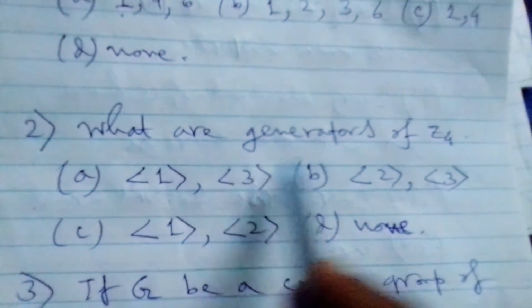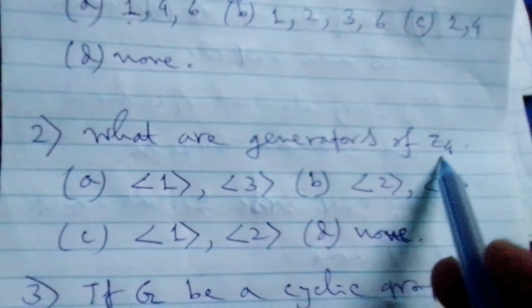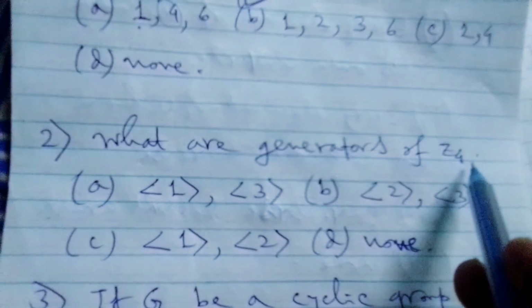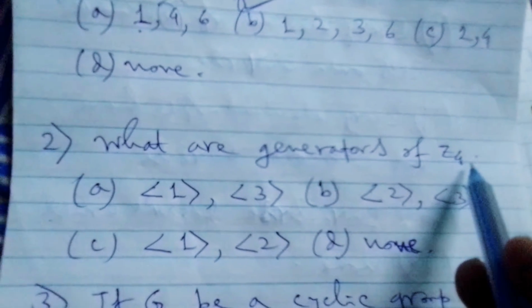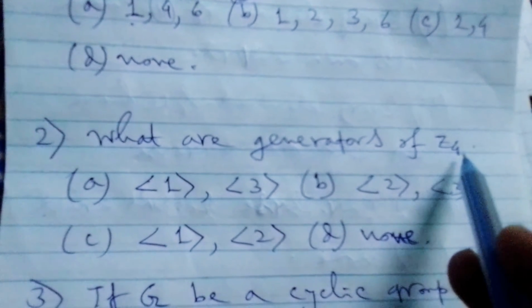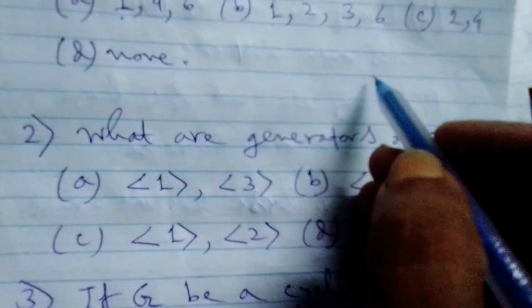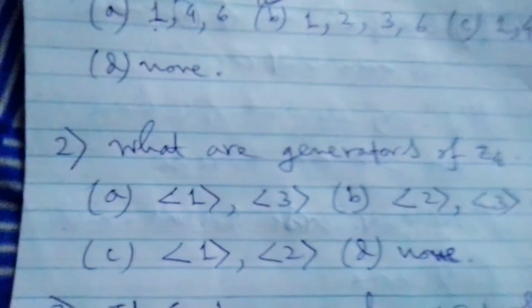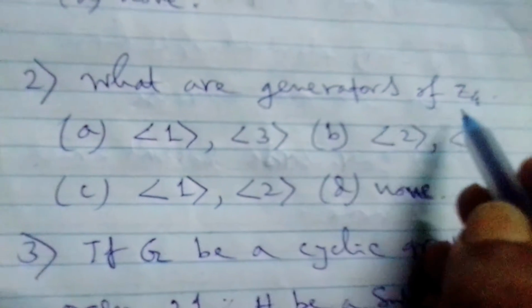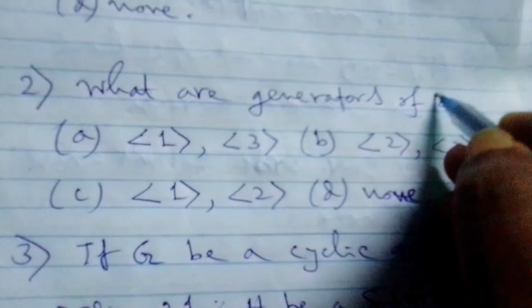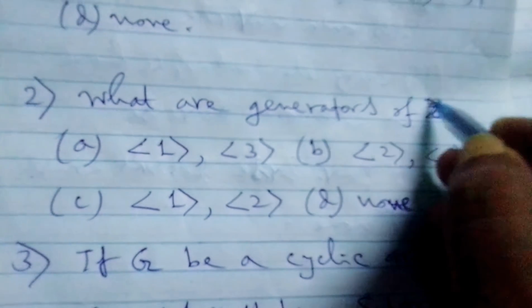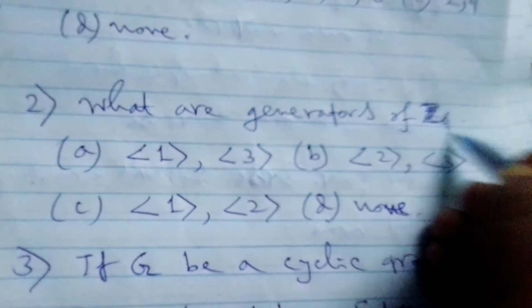Now we go to the next step. Next question: what are the generators of Z4? If we study the concept of Z4, it is the mod concept, and Z is nothing but the integers. It's a notation in set theory.